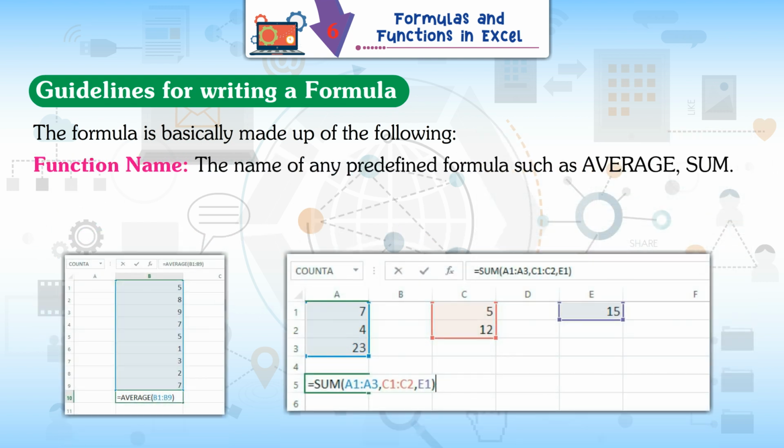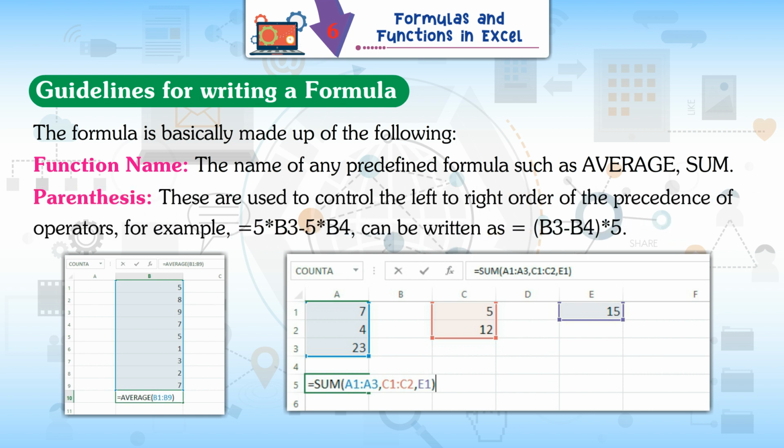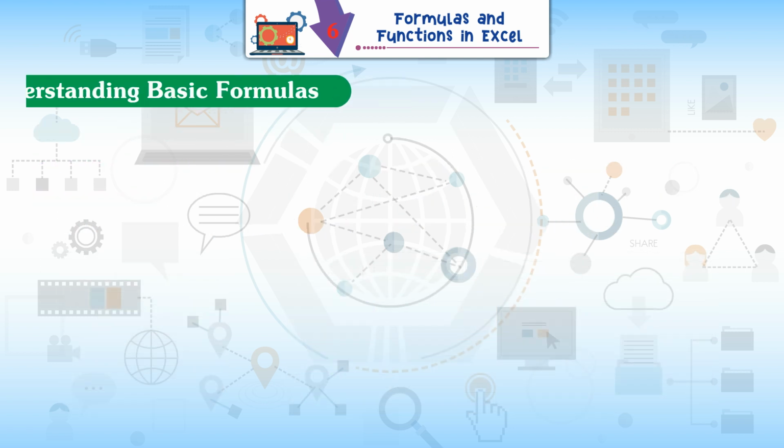Function name, the name of any predefined formula such as average, sum. Parentheses. These are used to control the left to right order of the precedence of operators. For example, =B3*5-B4 can be written as =B3-B4*5.